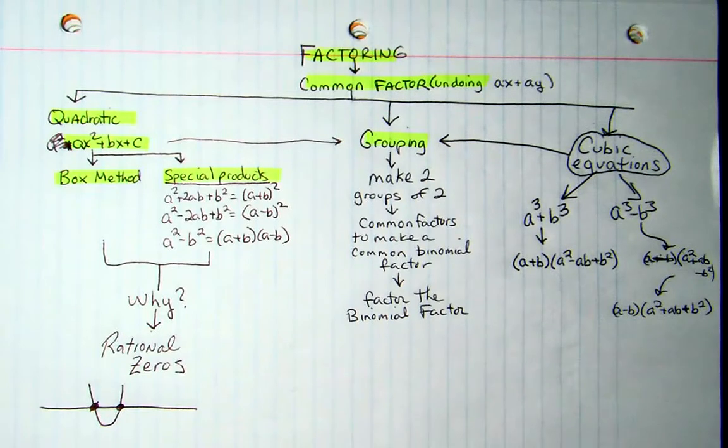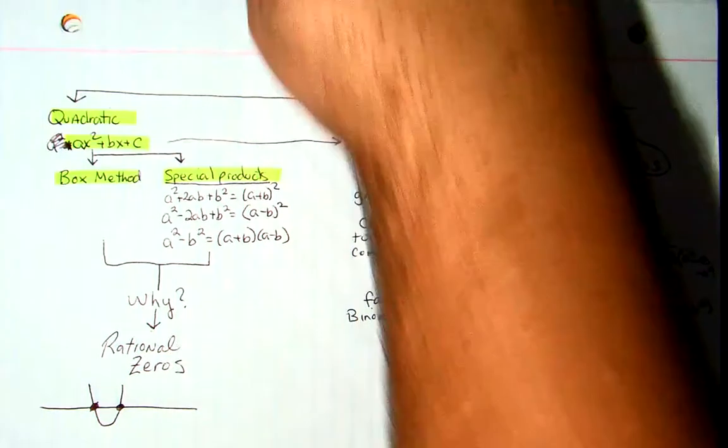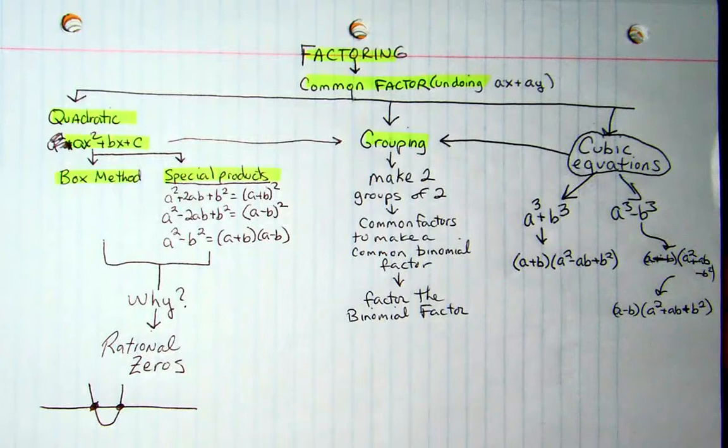So that's kind of your factor tree. Always look for a common factor first and factor out the binomials. But remember one last thing.